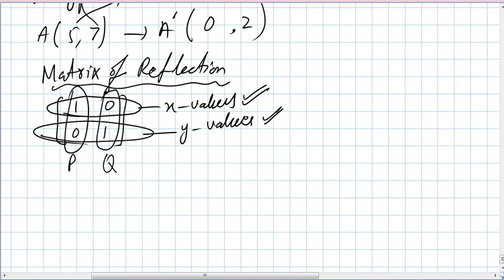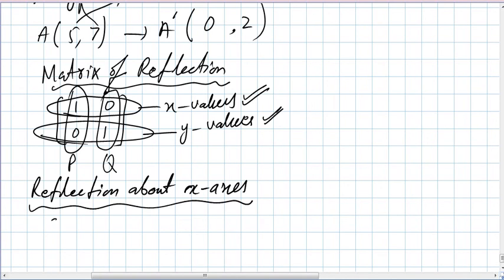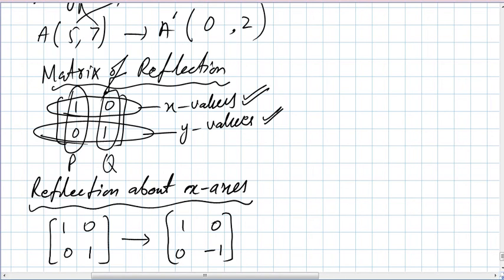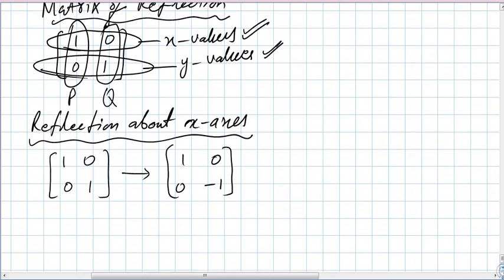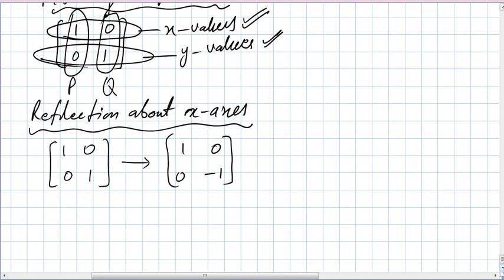You will observe that for reflection about the x-axis, we already saw that the point 2, 5 becomes 2, minus 5. Similarly, the identity matrix 1 0 0 1 after the reflection about the x-axis becomes 1 0 0 minus 1, means the y value sign changes.